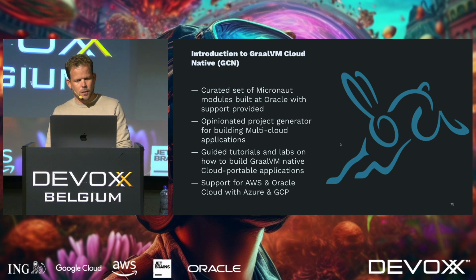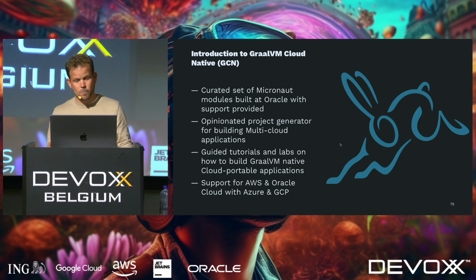Which brings me to GraalVM Cloud Native. So at Oracle, we have an opinionated build of Micronaut, which is designed primarily to serve a couple of purposes. One is to curate the set of open source modules that Oracle provides support for, as I work at Oracle, and we provide support for a wide range of teams, both internal and external.